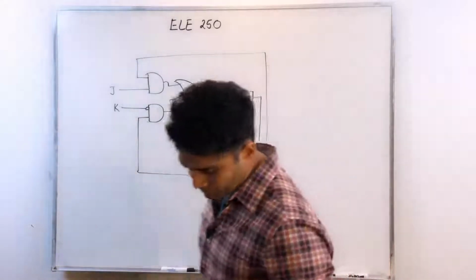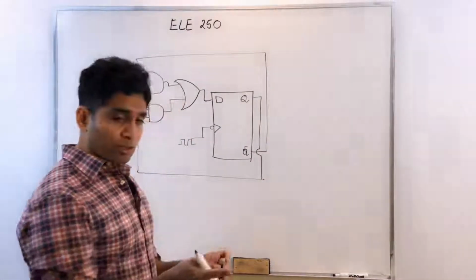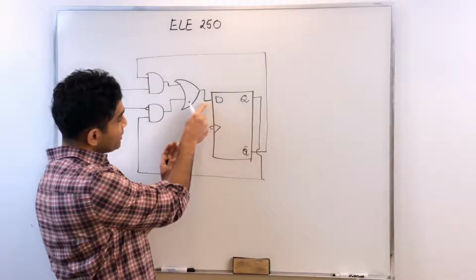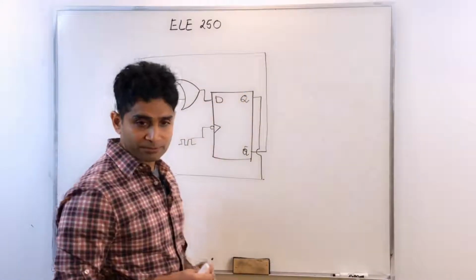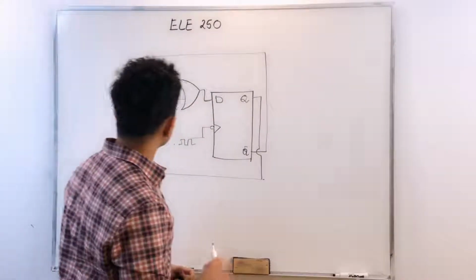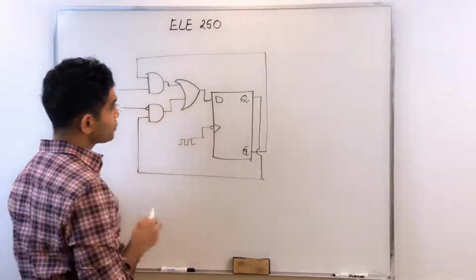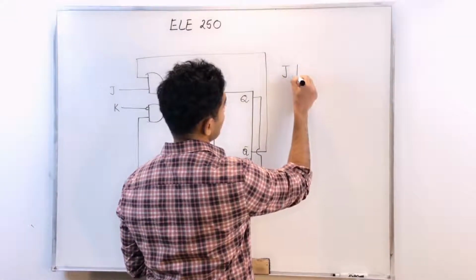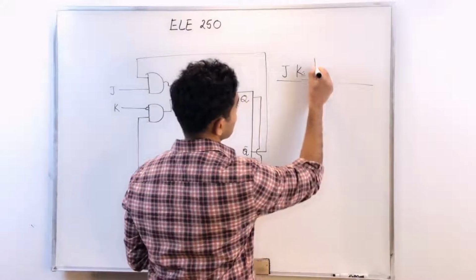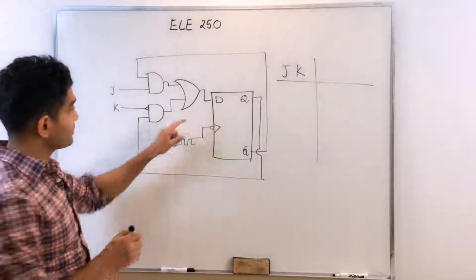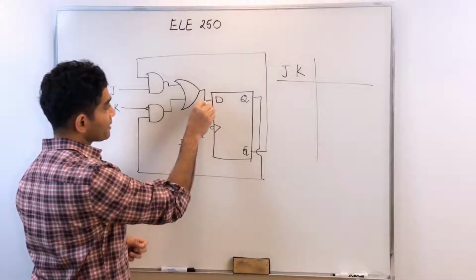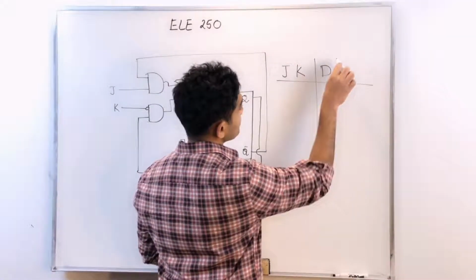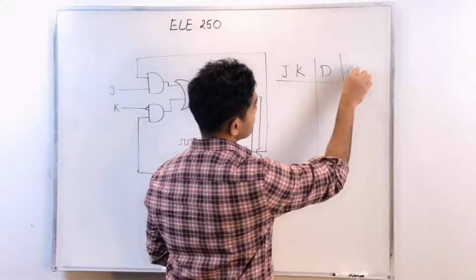So what do I do? Again, I go with the modular approach. I know how this module works. For a given input D, I know how Q and Q prime behave. So now I have two additional inputs, and the way I will do this is I would come up with a table: J, K, and my intermediate input D, which is the output of this block and is nothing but my D input here, and then Q of t plus 1.